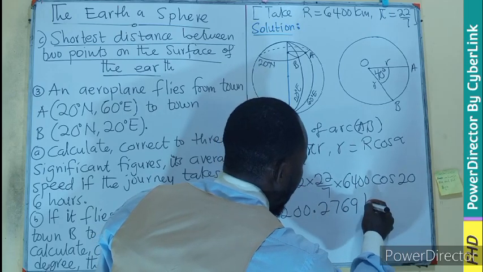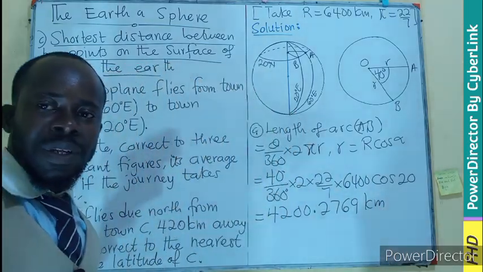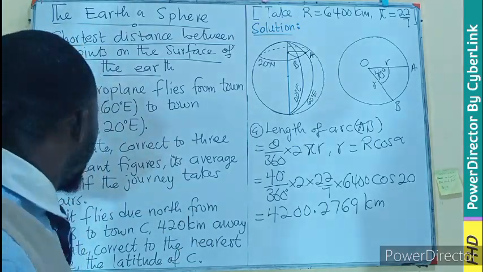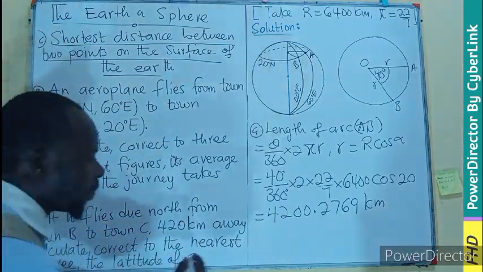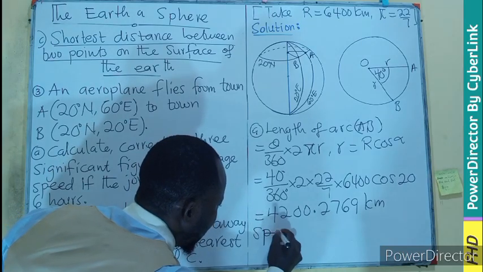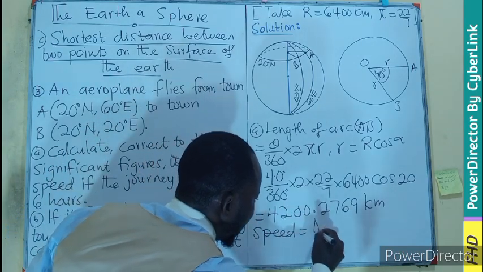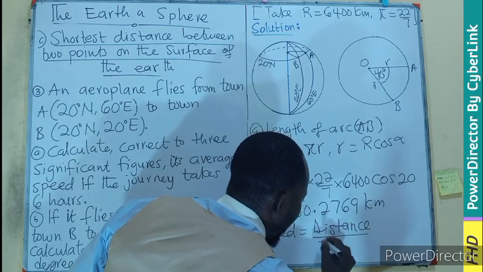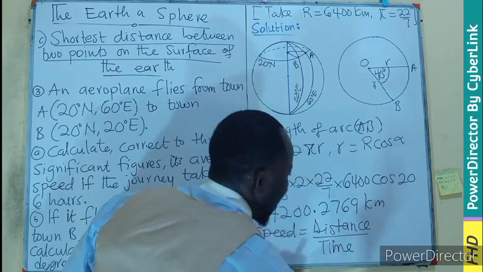This is going to be in kilometers, right? That's the distance, the shortest distance between the 2 points. But the question is asking for speed. So we know that speed equals distance over the time taken.